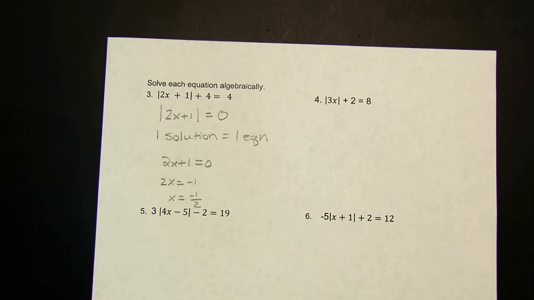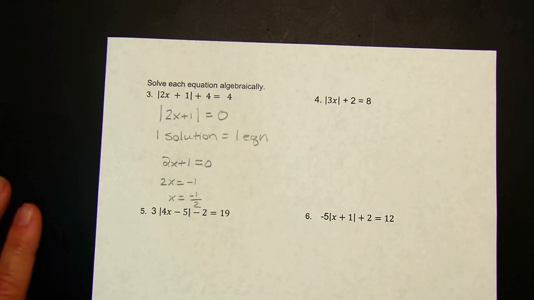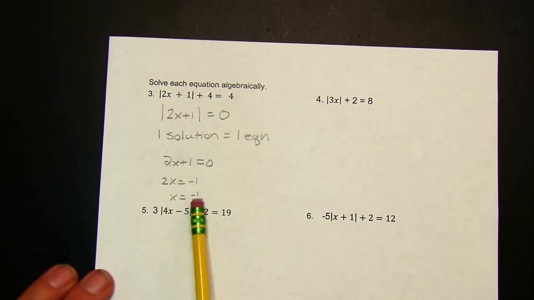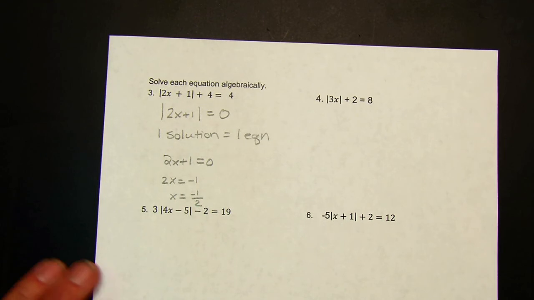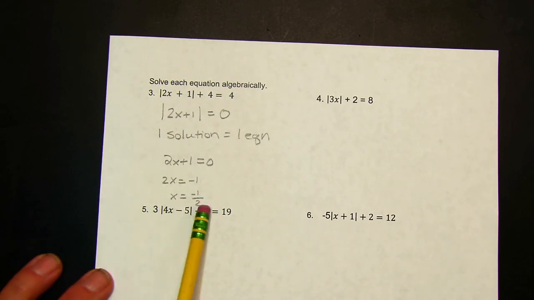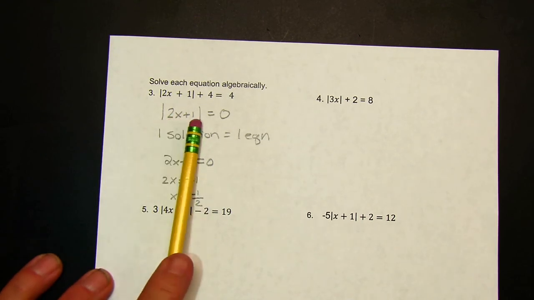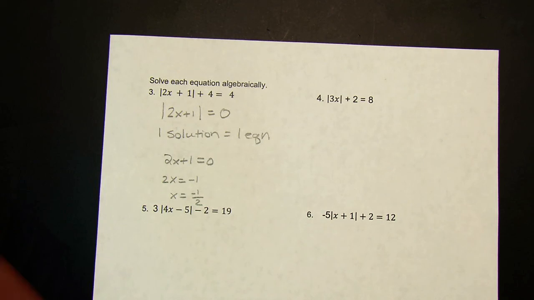By the way, you can check all of these, just like first semester, you could always check your answer by putting that back in here and making sure you do get 0 inside there. 2 times negative 1/2 is negative 1, negative 1 plus 1 is 0.